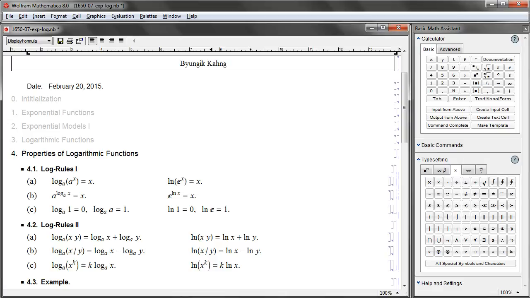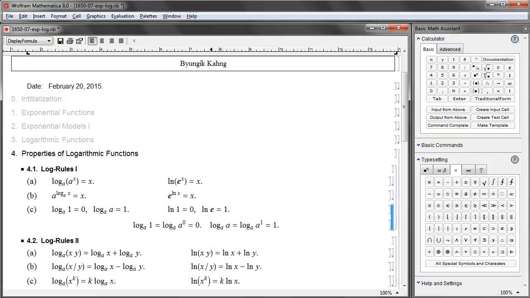Now how about these? Log of 1 is always 0, log of a with base a is 1, and natural log of 1 is 0, and natural log of e is 1. Well, the easiest proof I can think of is this. 1 is nothing more than a to the 0 power, and a is the same a that we have in the base.